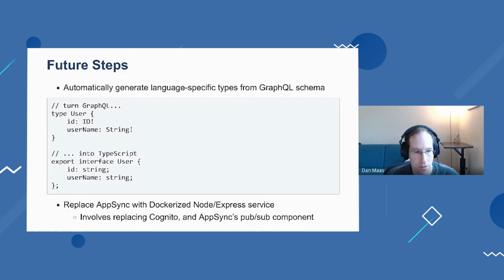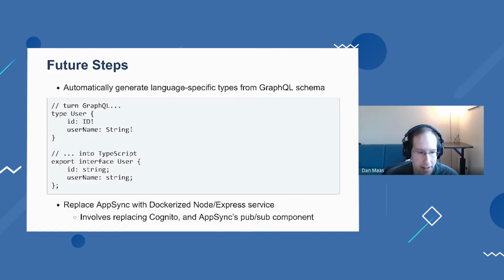But there are tools that will do this automatically for you. And so I'd love to integrate one of those tools so that the language types are automatically up to date with the GraphQL schema, and that everything can be type checked, like all of the return values, all the parameters, query variables can be type checked.